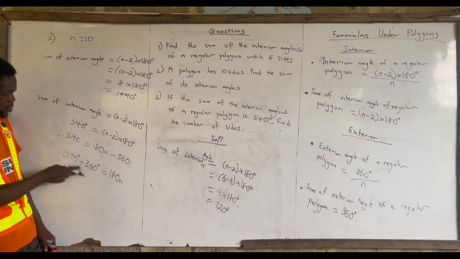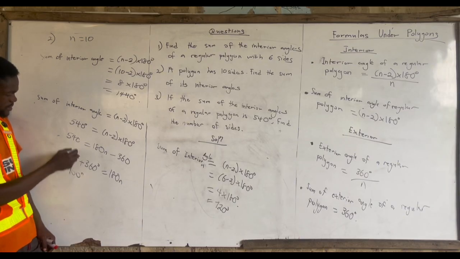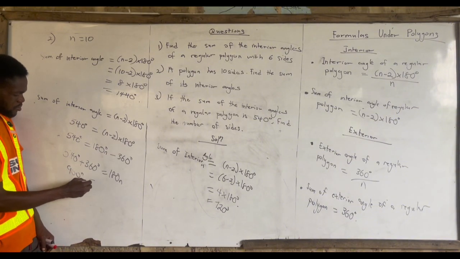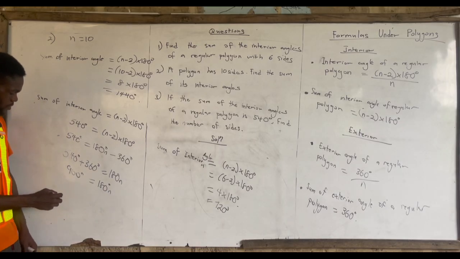So this one we are going to have 900 degrees equals 180 degrees n.